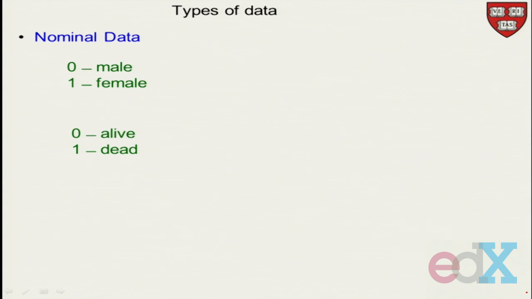So, nominal data might be, for example, when we label males as 0, females as 1. That's nominal. Another example is if we use 0 to denote who's alive and 1 for denoting people who are dead. So here, note, it's nominally a number, so just 0, 1.